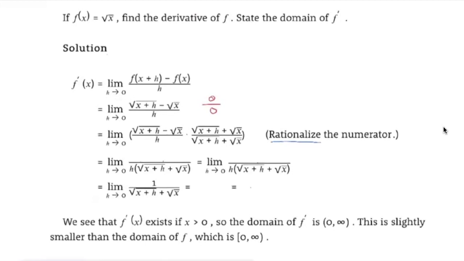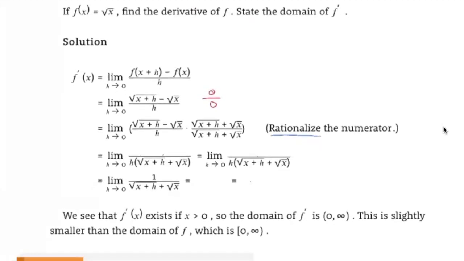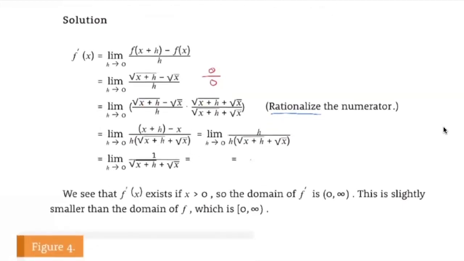Now, when we do that, in the numerator, we're going to get x plus h minus x, which is going to simplify into this h. Now this h and this h are going to be divided out. So giving you 1 in the numerator and this in the denominator. Now we can do a direct substitution.